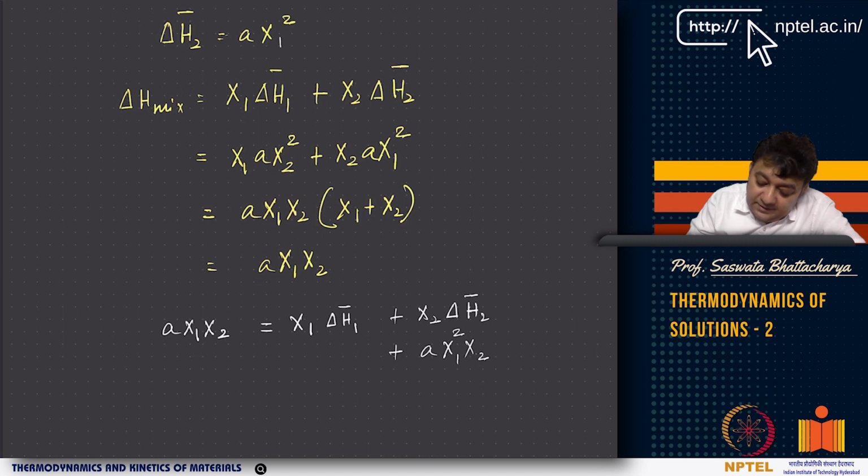So delta H1 bar is nothing but a x1 x2 minus a x1 square x2.